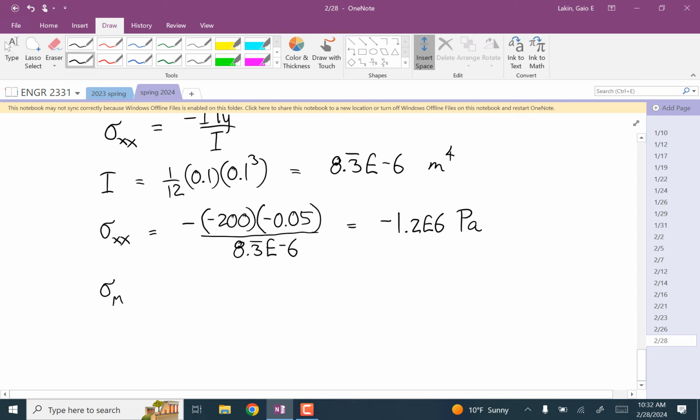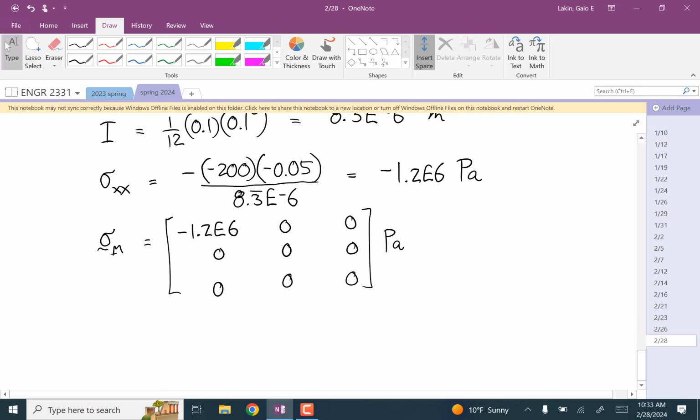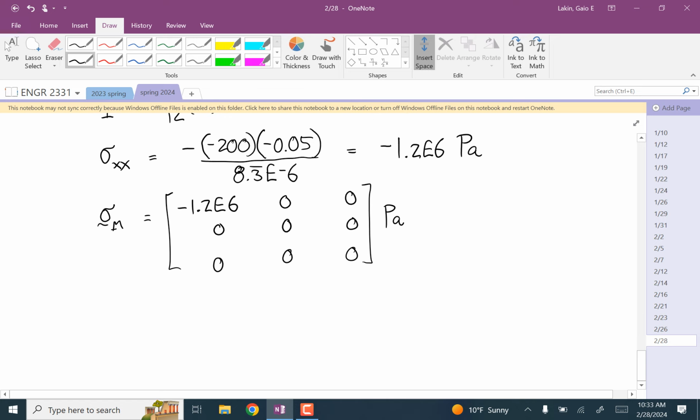So the stress tensor due to the bending moment is negative 1.2 times 10 to the 6, and then zeros everywhere else. And so the total stress tensor is the stress tensor due to the internal tension plus the stress tensor due to the bending moment.